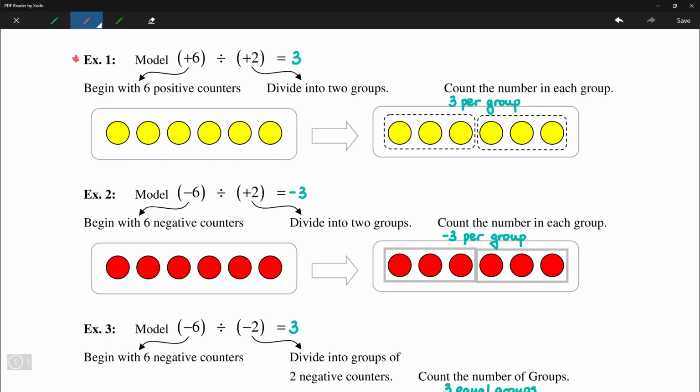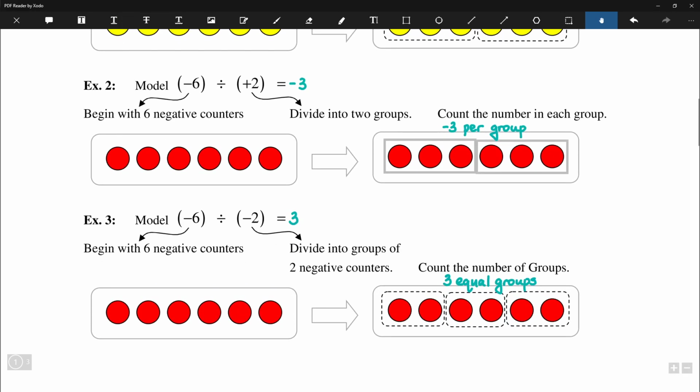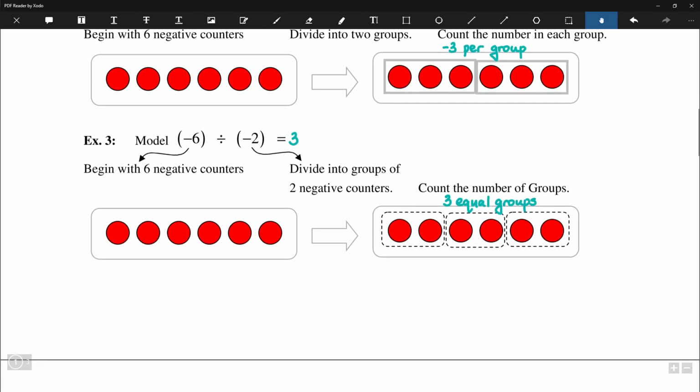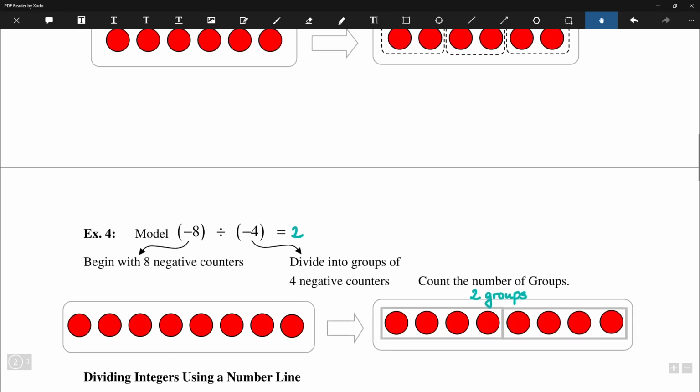Negative 6 divided by positive 2, we divide negative 6 into 2 groups, and so each group contains negative 3. Whereas if we're dividing by negative integers, we're asking if we divide it into groups of negative 2 counters, for example, in example 3, then we have 3 equal groups. And it's very similar in example 4.